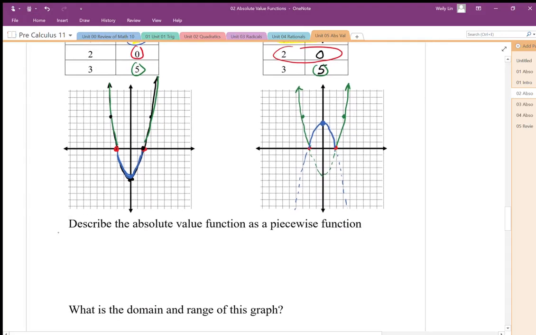Inside positive is going to behave a certain way. What is our domain here? It's going to be when x is less than or equal to -2, and when x is greater than or equal to +2.